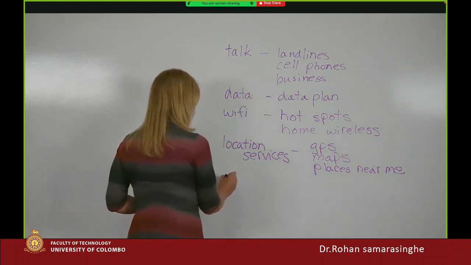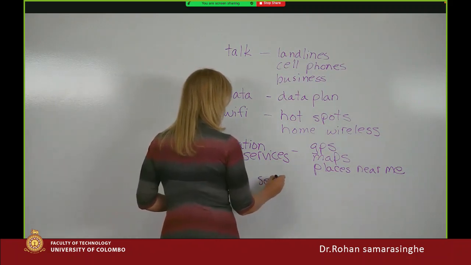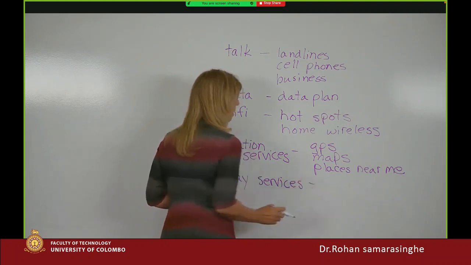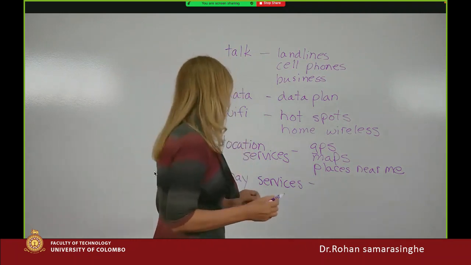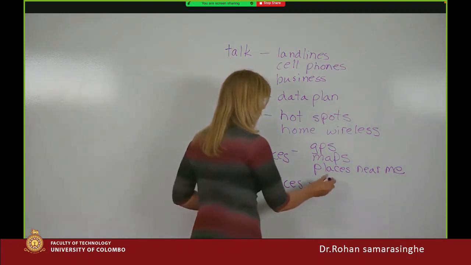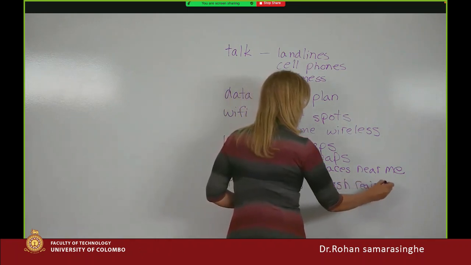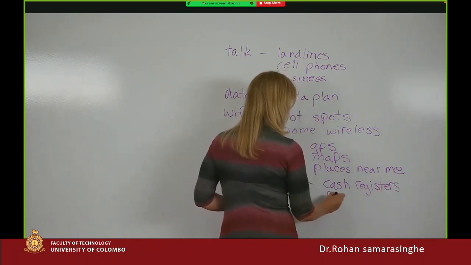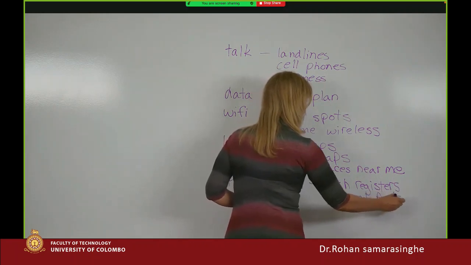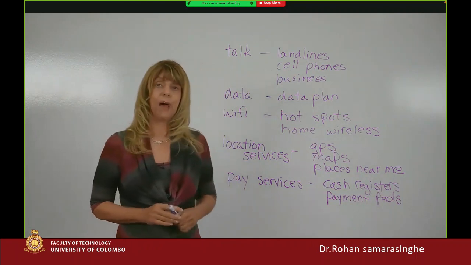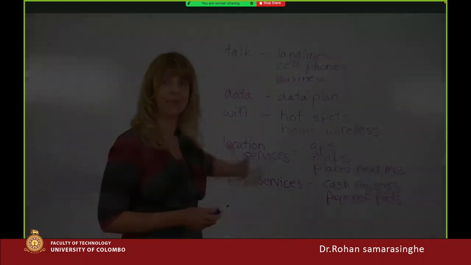So we have pay services. We can take our cell phone next to the cash register or the receiver and automatically have our financial information transferred. So this is like cash registers and payment pads. So we're going to talk a little bit now about the different kinds of networks that are used to access all of these various services.